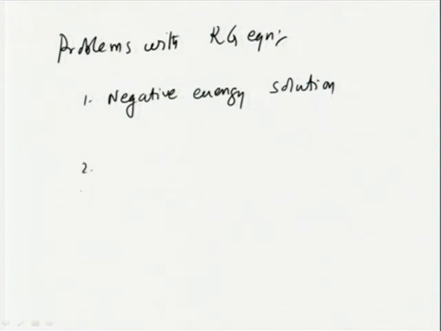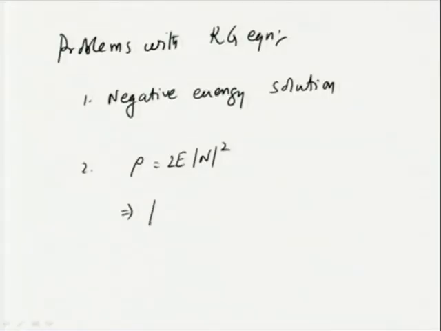2. For that, let us look at the probability density. In our case, the probability density is equal to twice the energy times N squared. N squared is not negative, and 2 is not negative. So if E is negative, then rho is negative; for E less than 0, rho is less than 0.